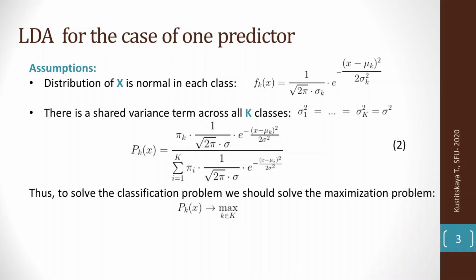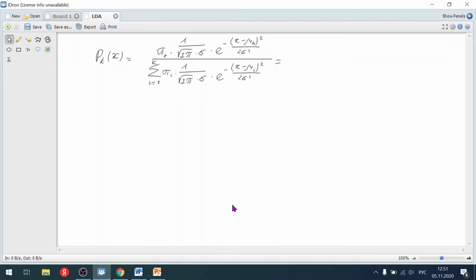To simplify the solution of the maximization problem, let us take the logarithm of this formula. Now we deal with this formula. First of all, we can reduce this fraction, removing the duplicate expressions from the numerator and denominator.